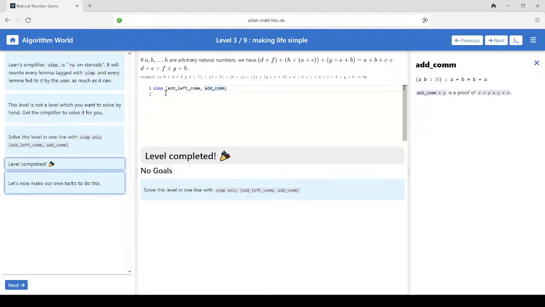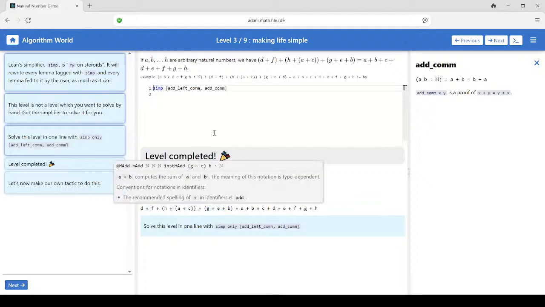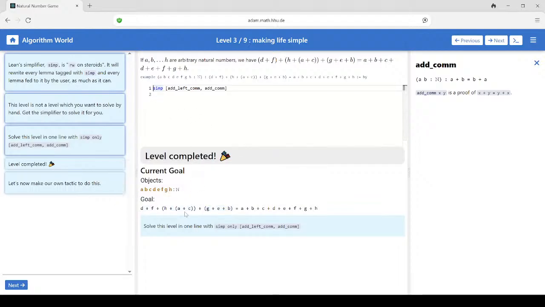Even if it did get them all in the right order, why don't I still have to use RFL?